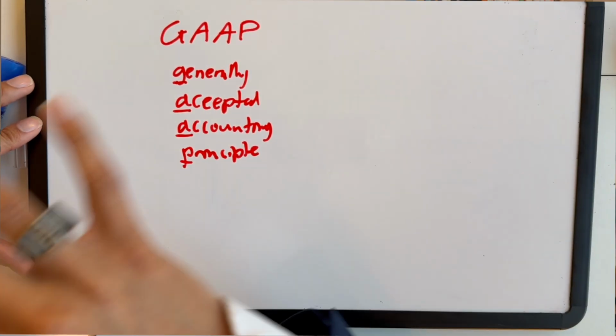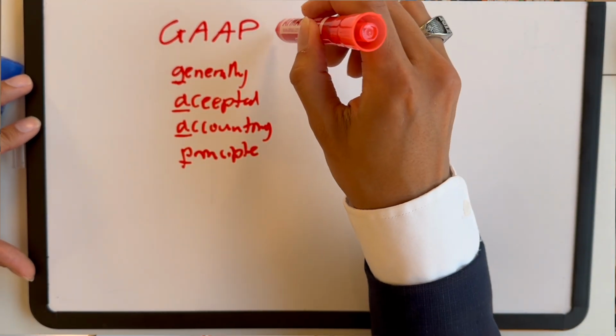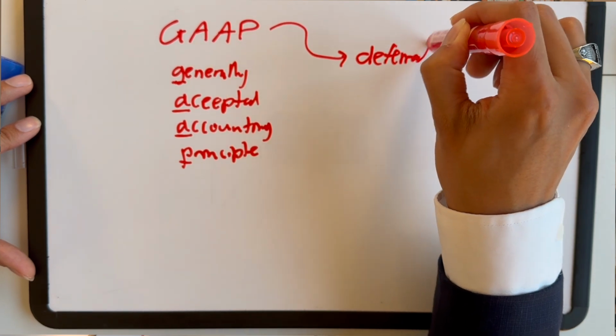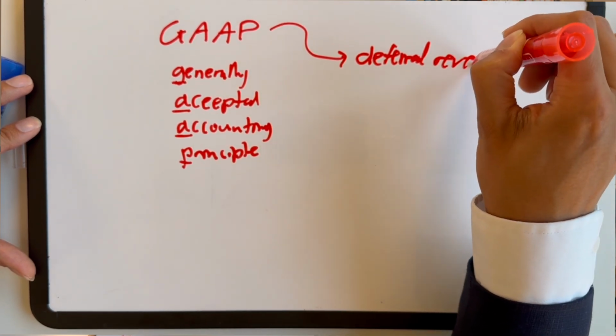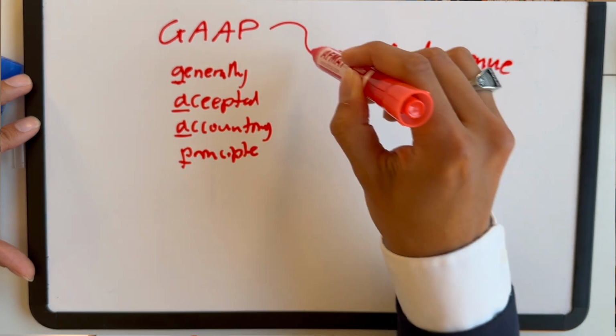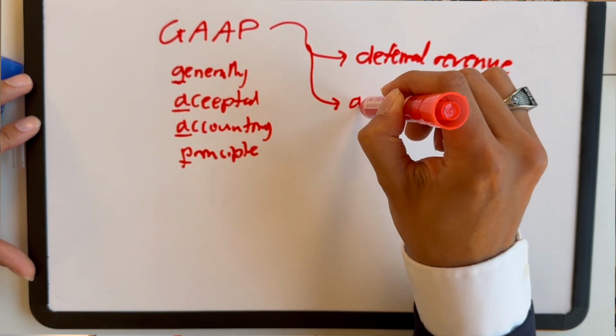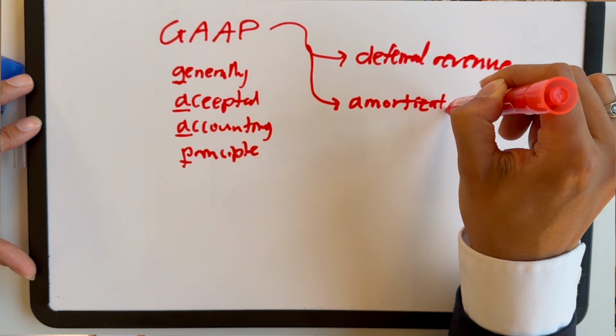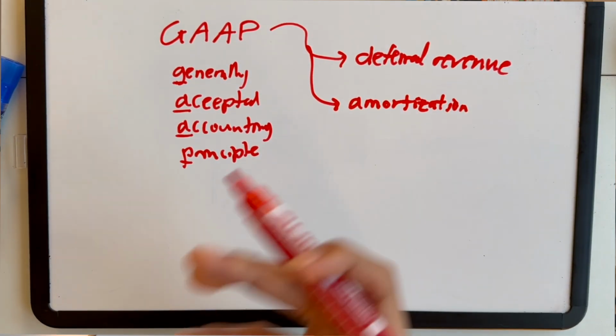So when a company uses GAAP numbers, GAAP makes a company report all different types of things like deferred revenue. We talked about this concept a little bit already. Things like amortization, which is accounting for these intangible assets of the business.